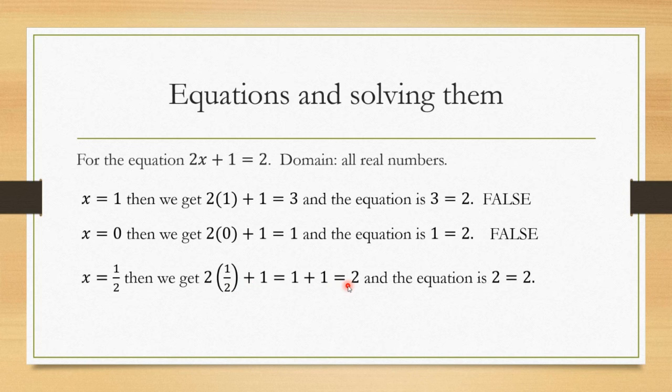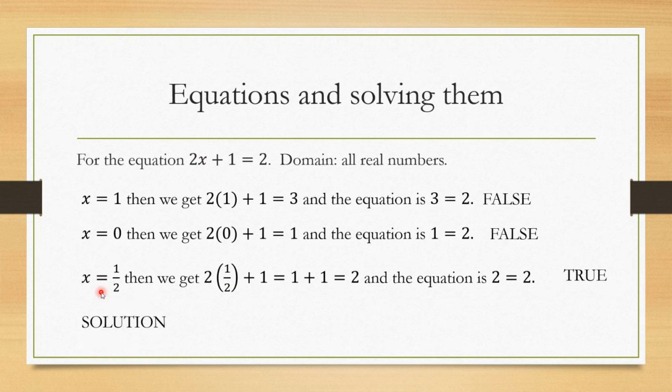So because of that, this equation becomes 2 equals 2. But is that false? No, that's a true statement. So this number, when plugged in for x, gave us a true statement.